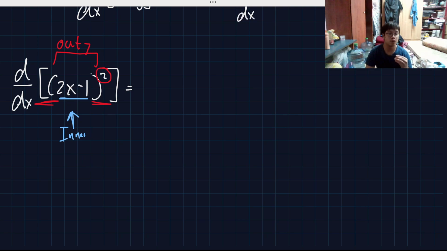Okay? In the power rule, it's just the same thing we did earlier. We bring down the exponent. We will have 2 times, copy the inside, 2x minus 1. Then the exponent above, which is your 2, you're going to subtract it by 1. Okay? So that's it. That is how you get the derivative of the outer function.